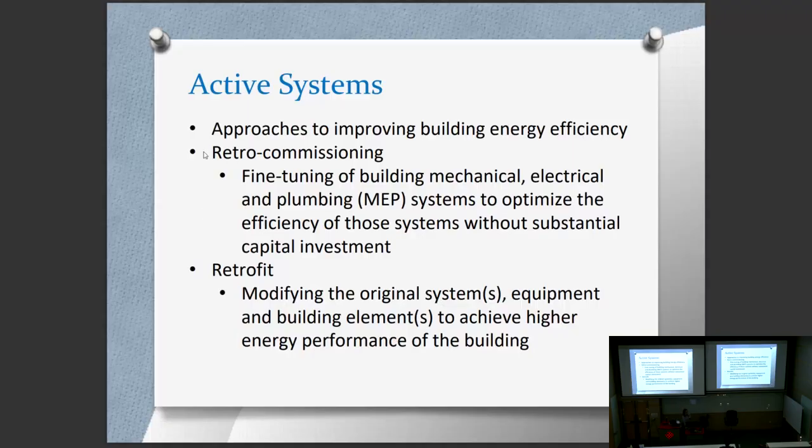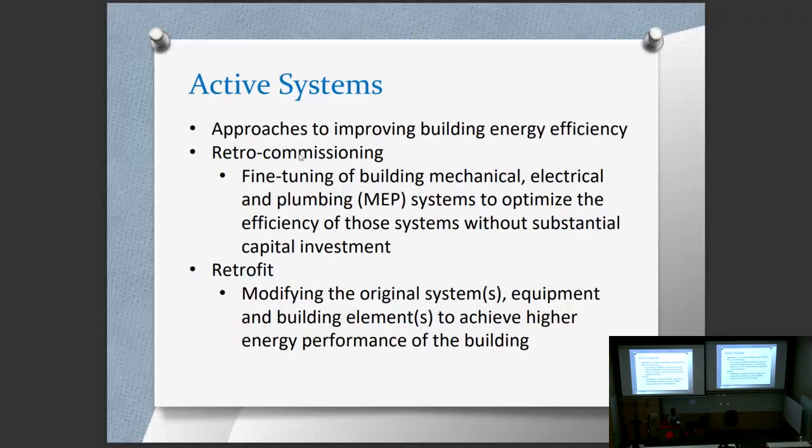Some other approaches also include retro commissioning. Retro commissioning is the fine-tuning of building mechanical, electrical, and plumbing systems to optimize the efficiency of those systems without substantial capital investment. In a building, we have different kinds of systems, and these systems need some set points and system settings.